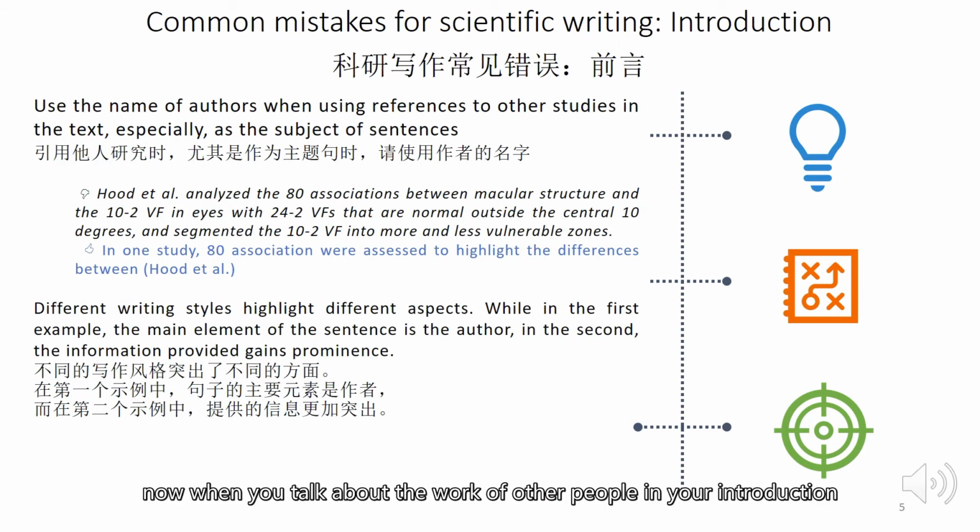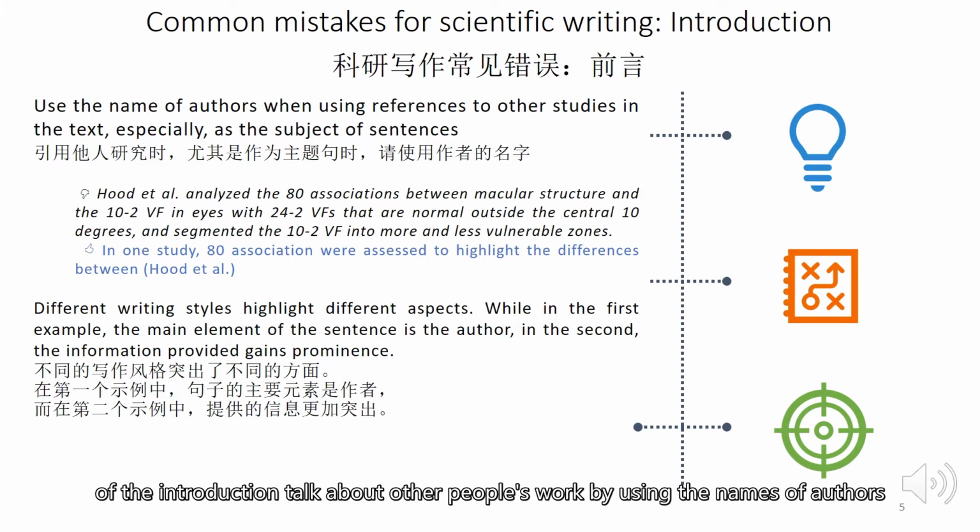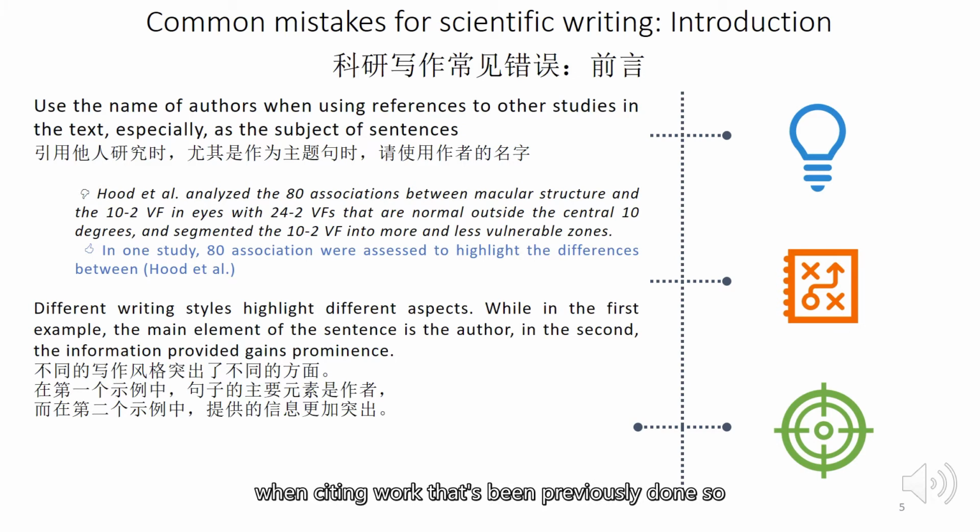Now, when you talk about the work of other people in your introduction, and remember that you are going to pose a question, set the scene, and then tee up the rest of the paper by talking about what your academic article does in the rest of the introduction, talk about other people's work by using the names of authors when citing work that's been previously done.